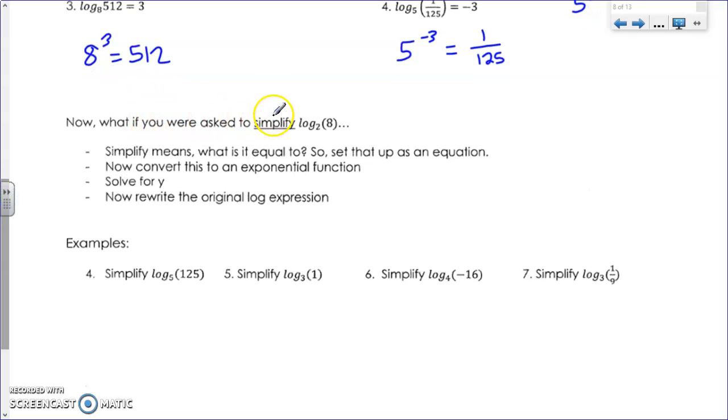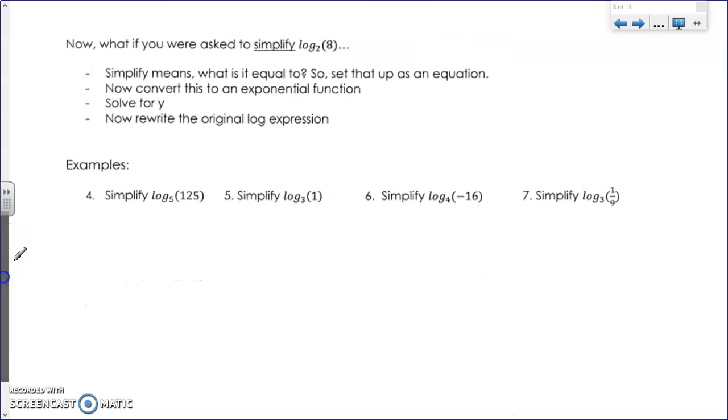Now what if you were asked to simplify log base 2 of 2 to the 8th? That simply means what is it equal to? Set that up as an equation, convert it to an exponential function, solve for y, and rewrite it in log expression. So we would have log base 5 of 125 equals y. Okay, so our unknown is y.